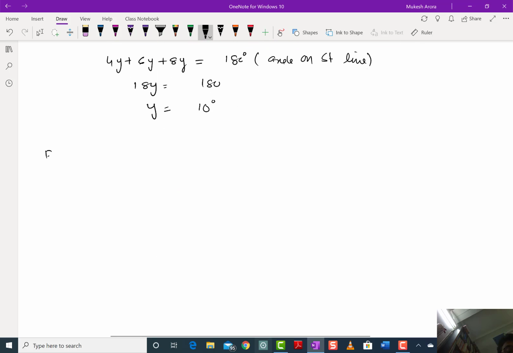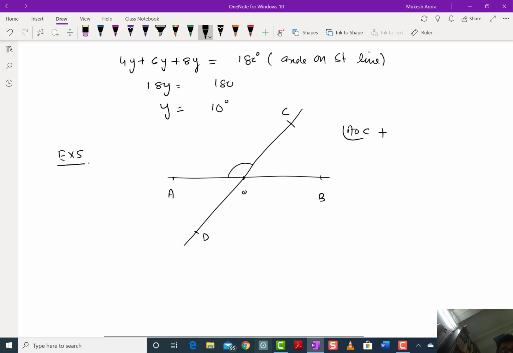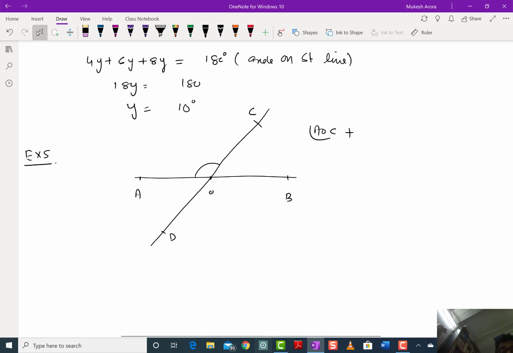Example 5. Example 5 is A, O, B, C and D. AOC plus BOC plus BOD is equal to 338.